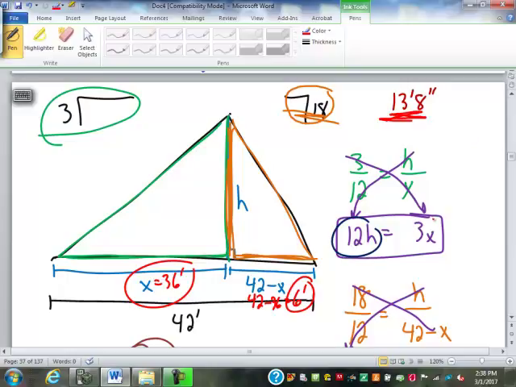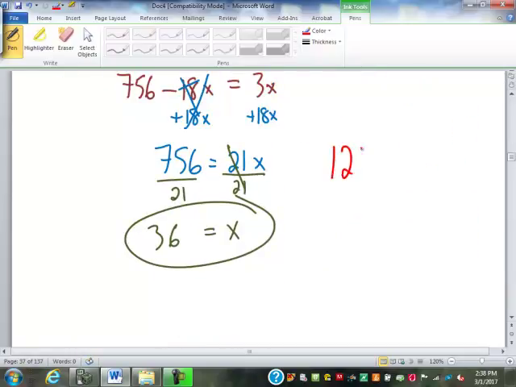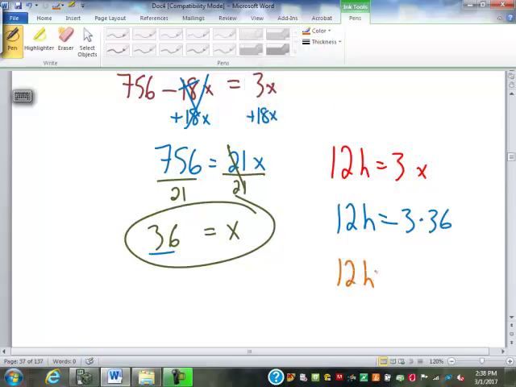So we've got this equation here, 12H equals 3X. And we know now that X is 36. So 12H equals 3 times 36. We replace X with 36. 3 times 36 is 108.